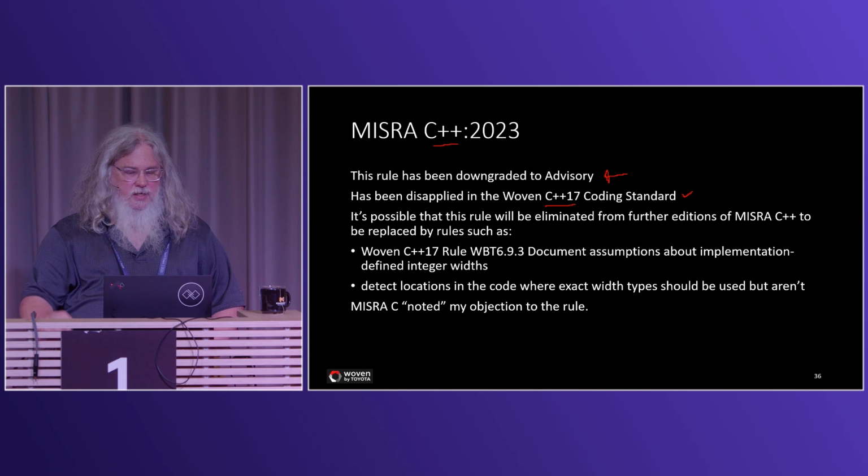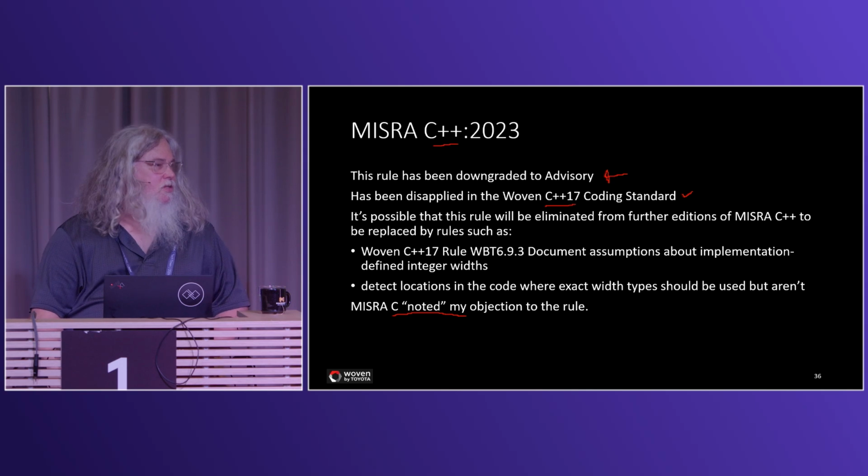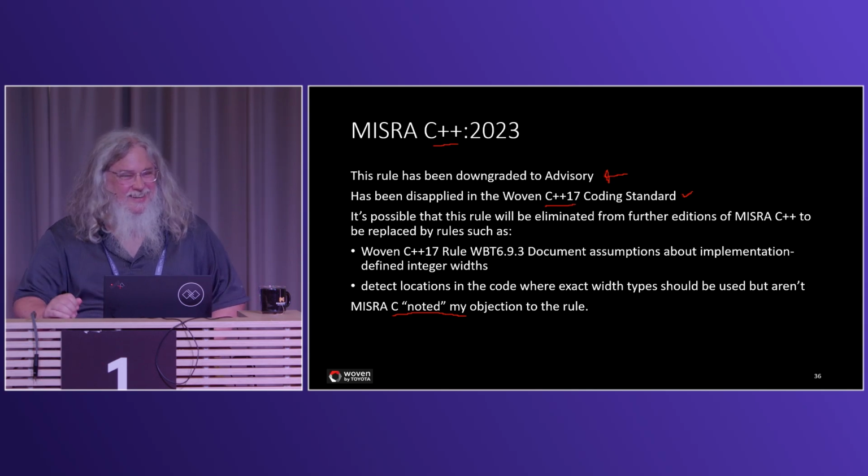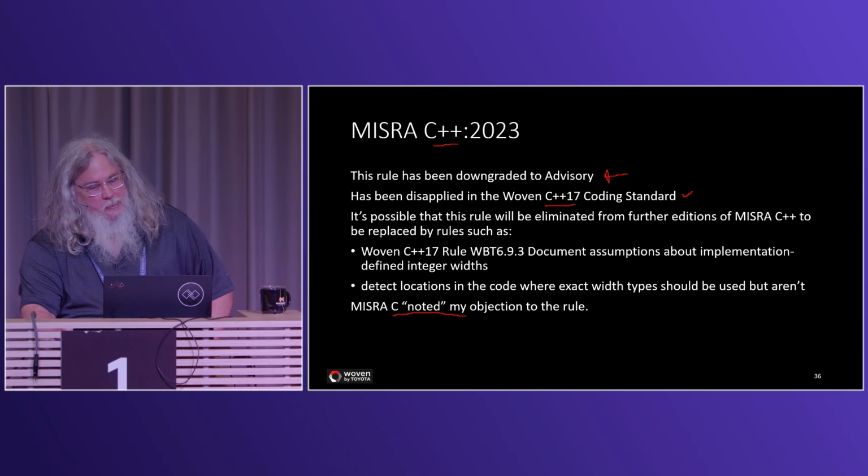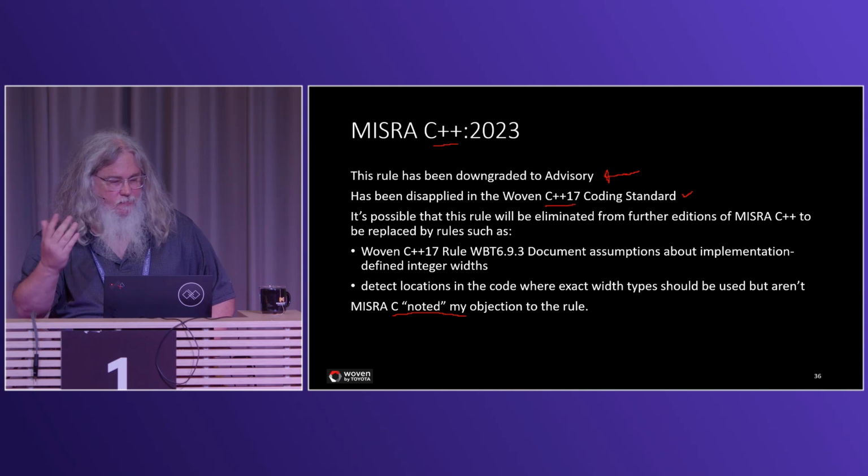The MISRA C committee noted my objection to the rule, which is how you say 'get lost' in British, as far as I can tell. Yeah, so that's kind of the status here. If you can disapply this rule, disapply it with prejudice. If you have to use it, I don't know.